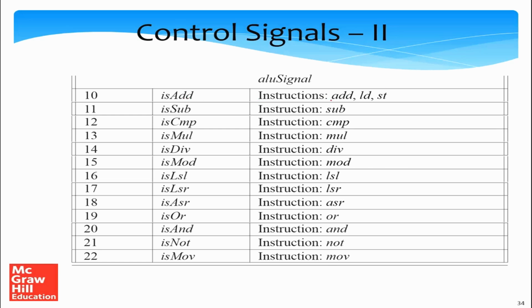That holds true for the add instruction as well as the load and store instructions, because it's necessary to add the offset to the contents of the base register. Then we have the sub instruction, subtract, compare instruction, multiply, divide, modulo, the three shifts, or, and, not, and move. Whenever the instruction is any one of them, we generate an appropriate signal.